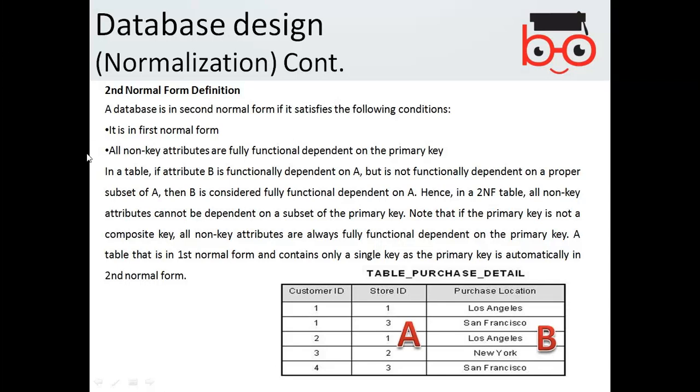Now, let us read here. In a table, if attribute B is functionally dependent on A, but is not functionally dependent on a proper subset of A, then B is considered fully functionally dependent on A. Hence, in a second normal form table, all non-key attributes cannot be dependent on a part of a primary key.